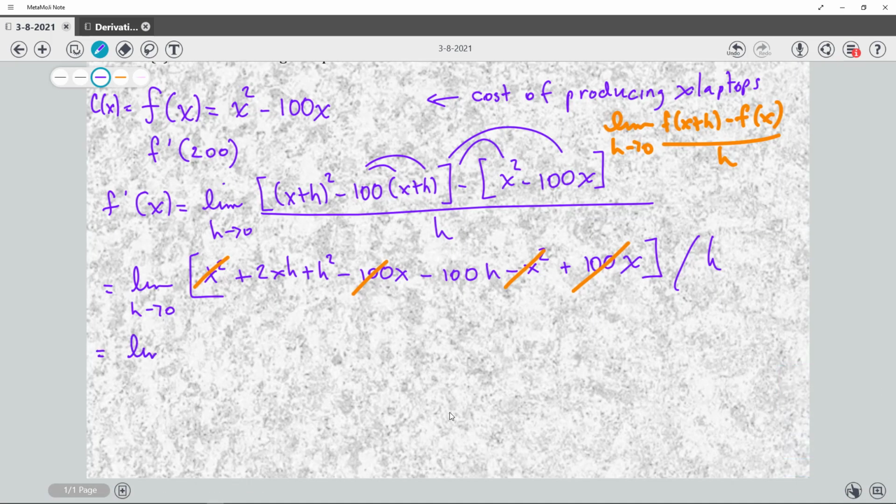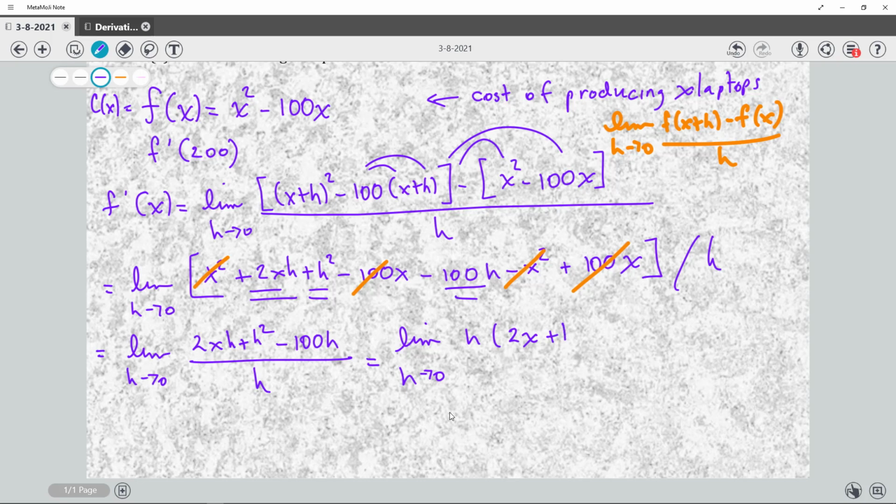All right, so still on the way to getting this limit, I have 2xh plus h squared minus 100h, all over h. All I'm doing is getting the leftovers over h. I still can't let h go to 0 because bad things will happen. So why not factor out an h up top, which leaves me this piece right here, and that cancels.